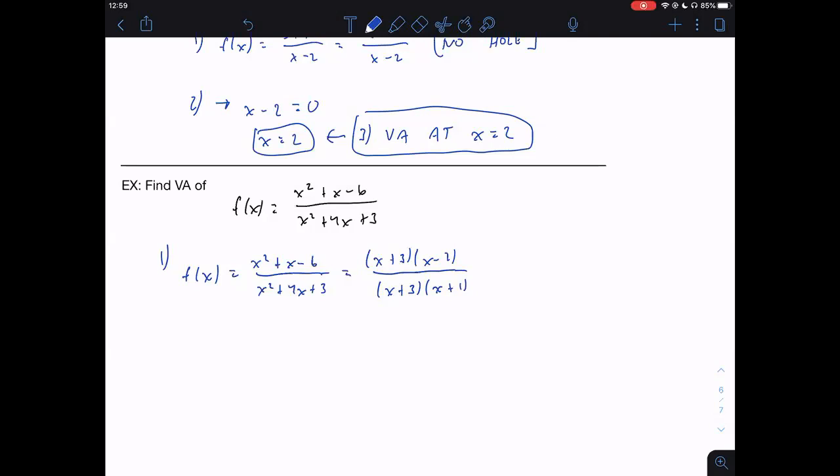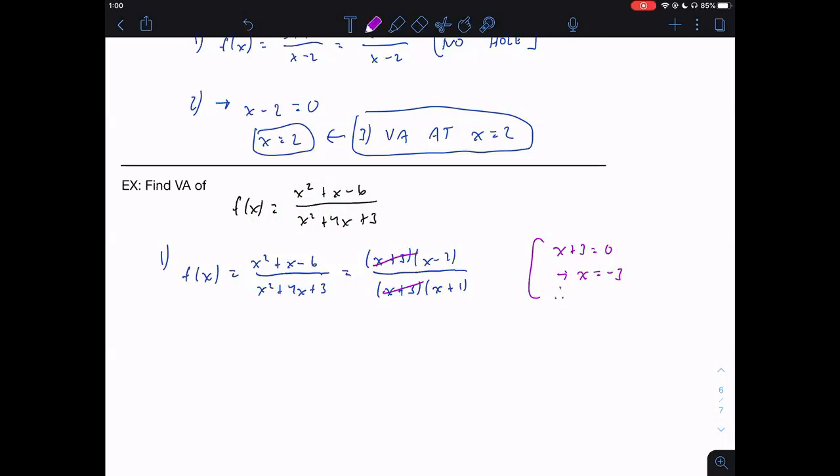Well, what do we notice here? We have a common factor between our numerator and denominator of x plus 3. So x plus 3 gets canceled out. Meaning at x plus 3, if we set this equal to 0 and solve for x, at x equals negative 3 we have a hole in this rational function.